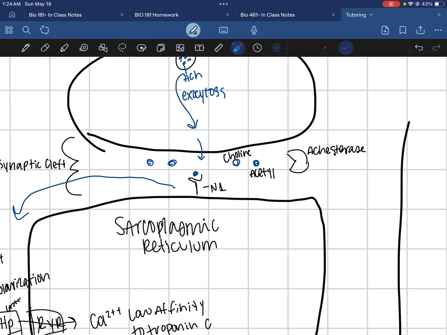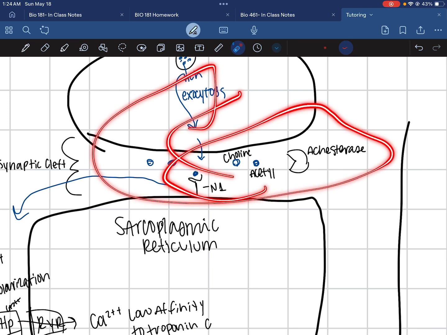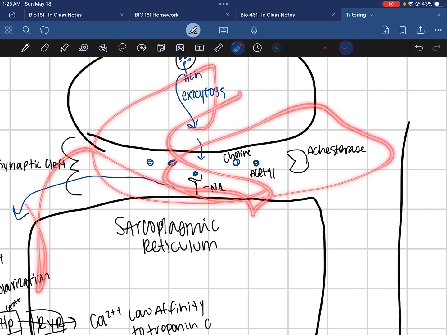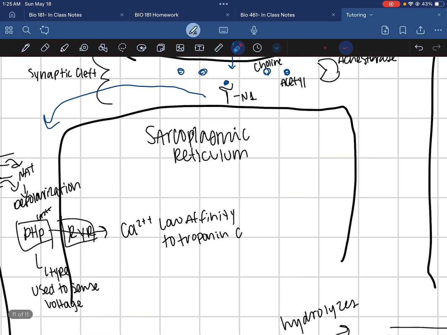I can't remember which one goes which, but I'm pretty sure it's choline. Choline is taken up by the axon terminal and recycled to produce more acetylcholine. And yeah, it's just recycled so you can produce more acetylcholine, so we can continue this process of binding and causing action potentials down the sarcolemma.